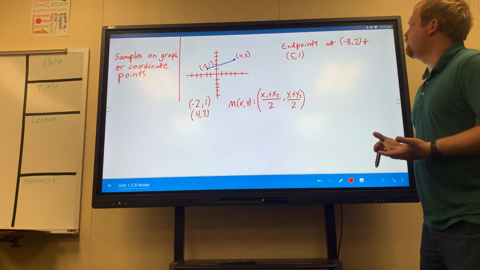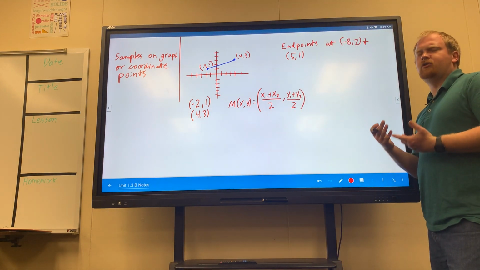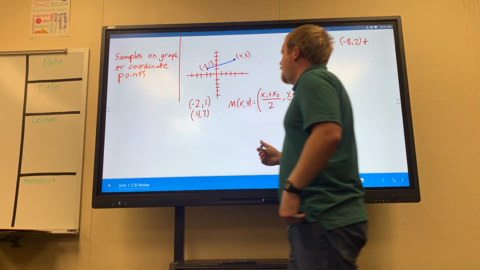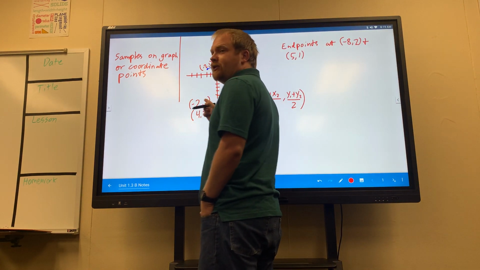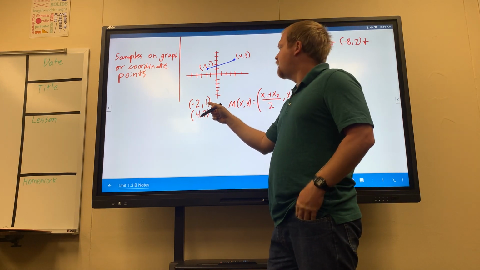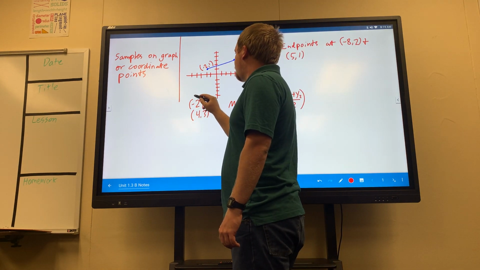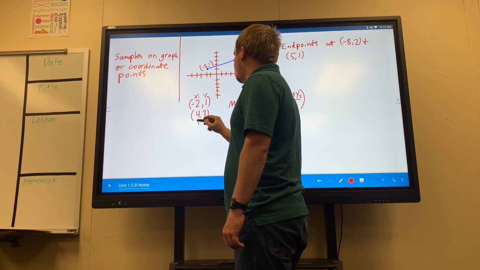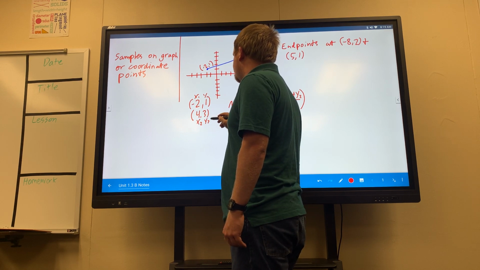So all I gotta do is figure out which one's going to be x1, x2, y1, y2. Well, let me label it real quick. This first point right here, I want to make this x1, y1. This second point, x2, y2.